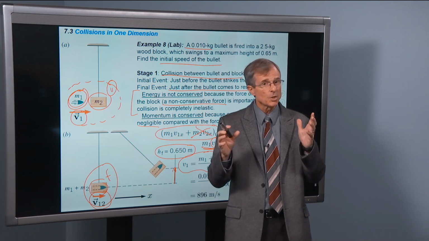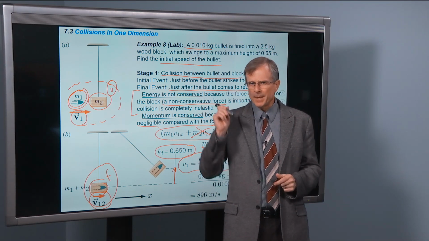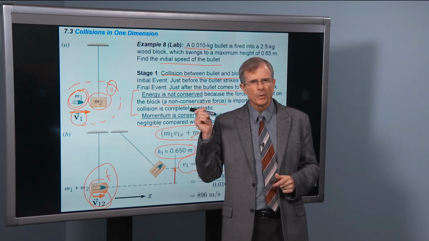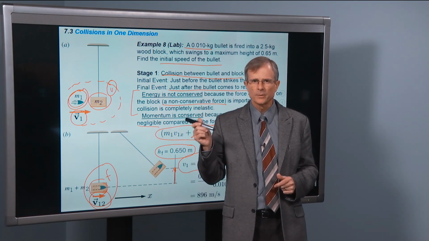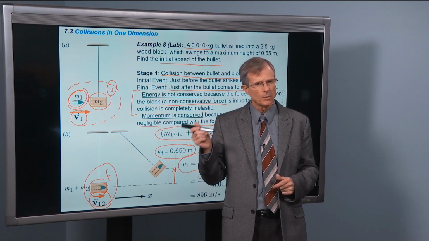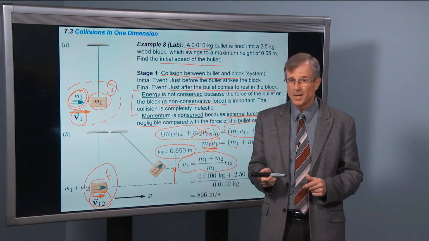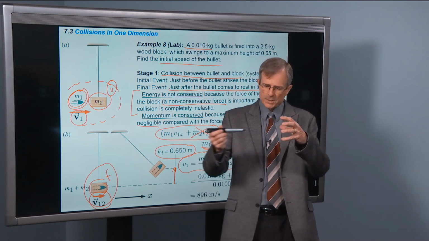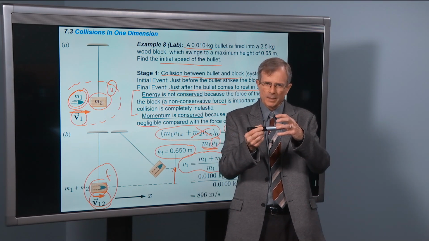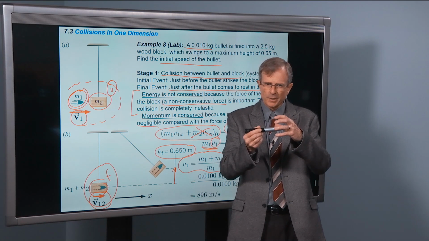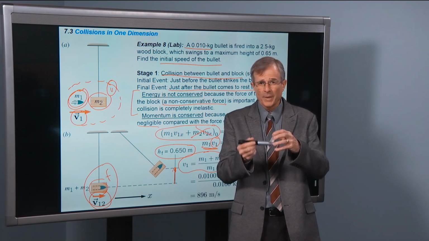Happy day, it's internal. But energy doesn't care whether a force is internal or external. What energy cares about is whether the force is conservative or not conservative. And it's not conservative, because there's going to be a lot of friction as the bullet enters the block. That force is non-conservative, and I cannot ignore that force.